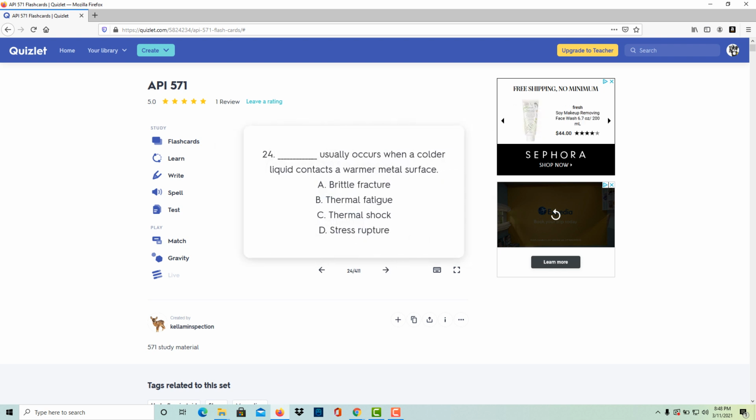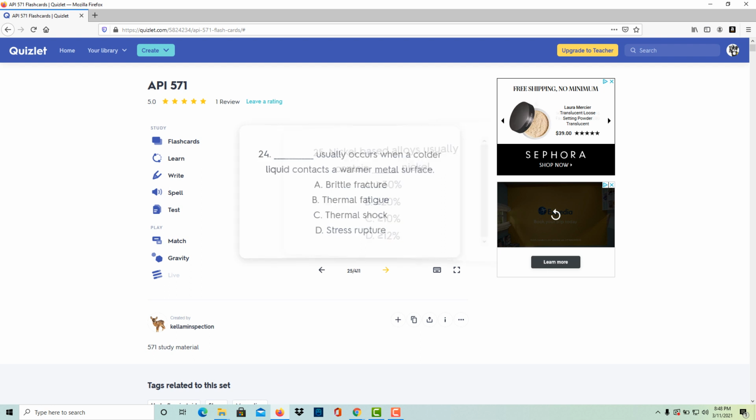D. Blank usually occurs when a colder liquid contacts a warmer metal surface. That sounds like thermal shock. C, thermal shock. That's why you don't put a glass on a hot metal surface, it'll cool too fast and break.